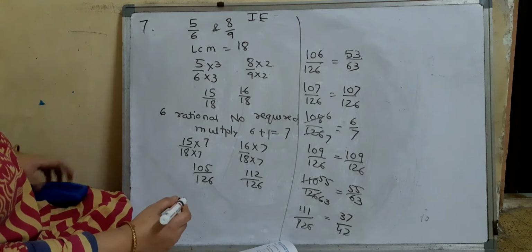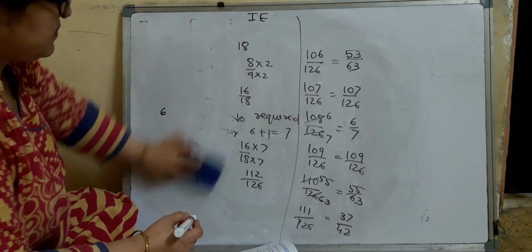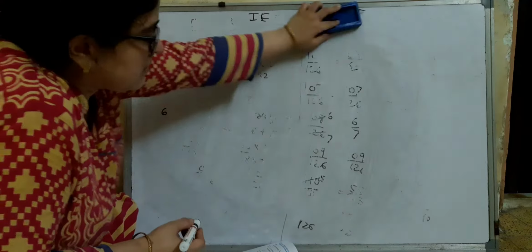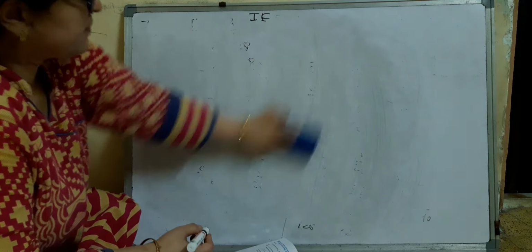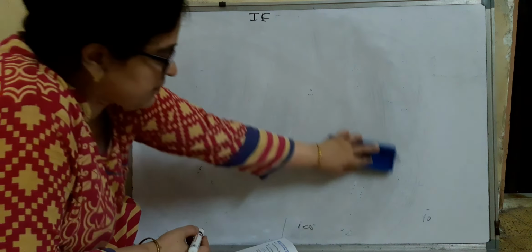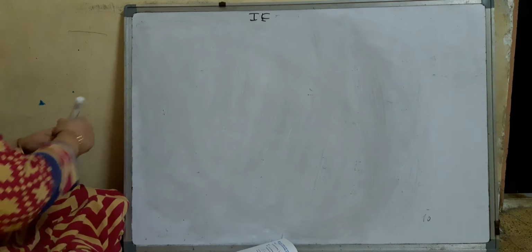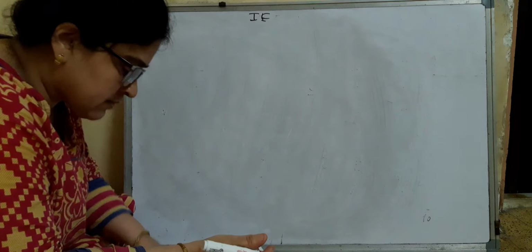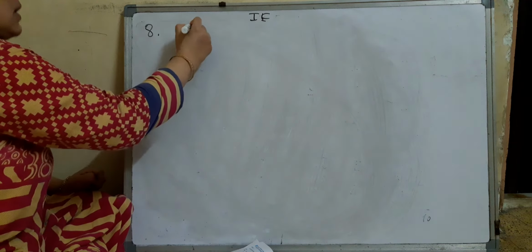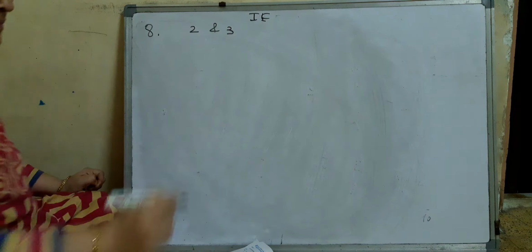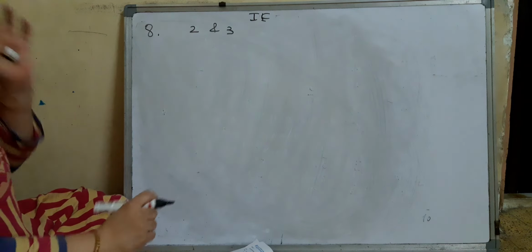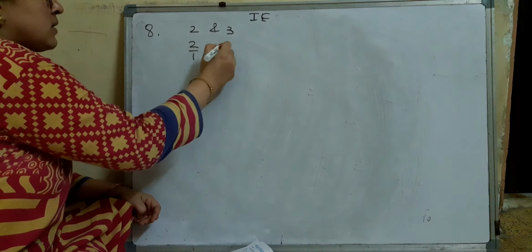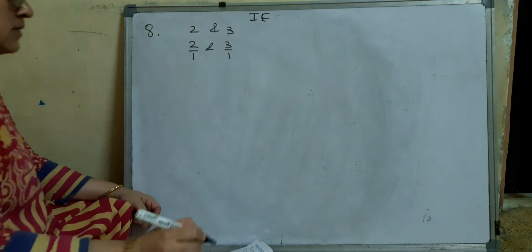Now the 8th sum. This is the last sum. Insert the 7 rational numbers between 2 and 3. Now 2 and 3, right? 7 rational numbers you want. So 2 upon 1 and 3 upon 1, right?